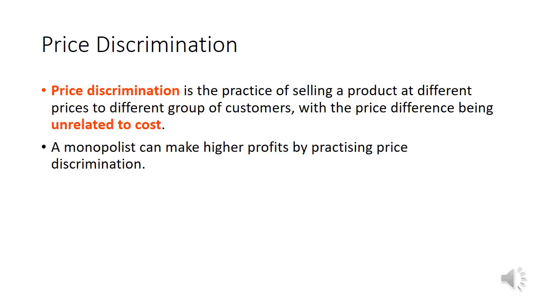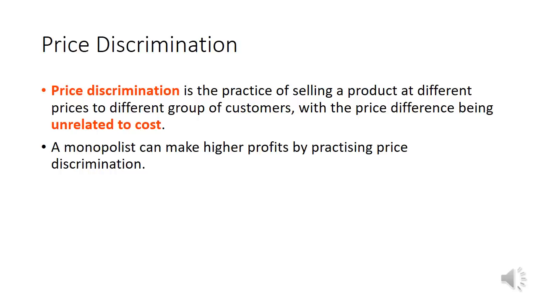Those who are more desperate, they will try to sell to them at a higher price because they're more willing to buy. Those who they think are not so desperate, they will try to lower the price a bit to entice them to buy. In this way, the monopoly can earn higher revenue compared to just selling at one price. So there's a gain by doing this.